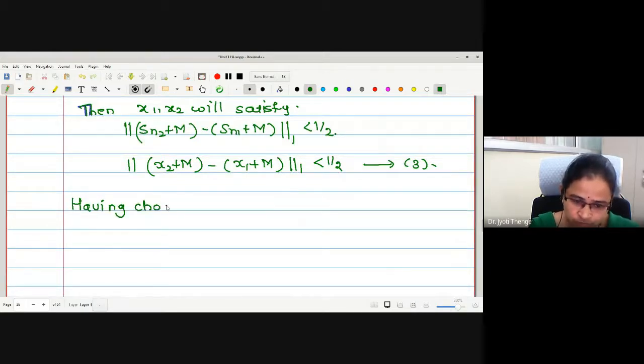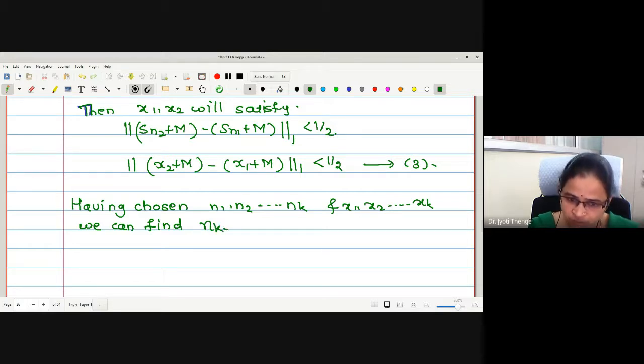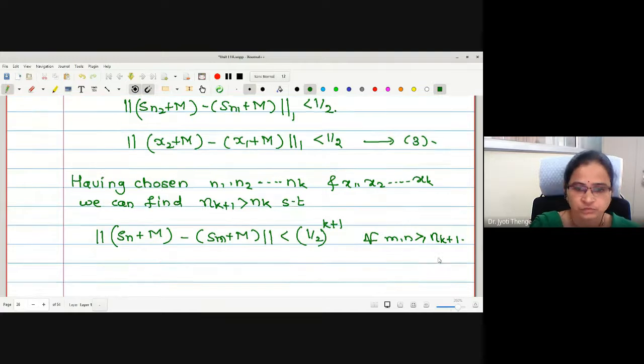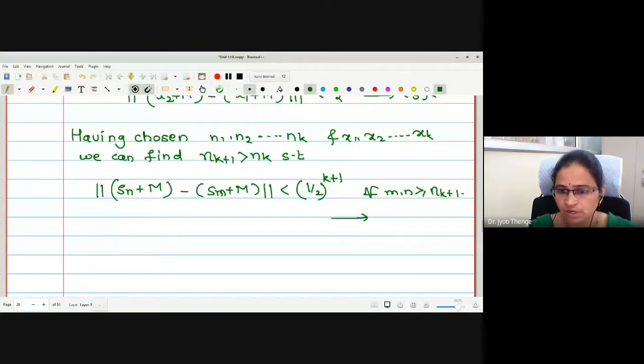Having chosen n1, n2, up to nk and x1, x2, up to xk, we can find nk plus 1 greater than nk such that the norm of Sn plus m minus Sm plus m is less than 1 by 2 raised to k plus 1, for all m greater or equal to nk plus 1. Let me call it statement number 4.